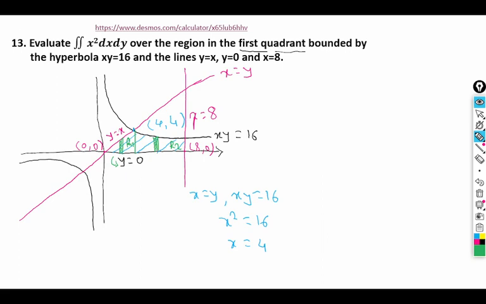In the region R2 we need one more strip because we have to cover the second region also. For the second region, the lower end touches the same curve y equal to 0, but the upper end touches y equal to 16 upon x. So that is the upper end.